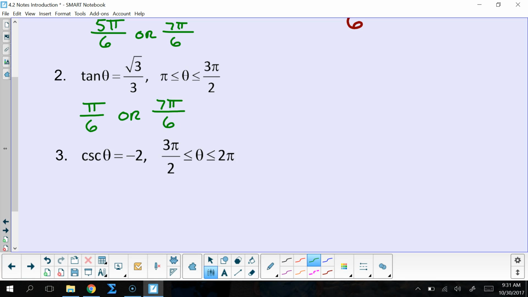Okay? Which one of those is in my restricted values? 7 pi over 6. So let's just test it to make sure. So tangent is y divided by x, correct? Yes? Okay, so that's going to be negative 1/2 divided by negative square root 3 over 2, or times negative square root 3 under 2, okay, when we flip it over.